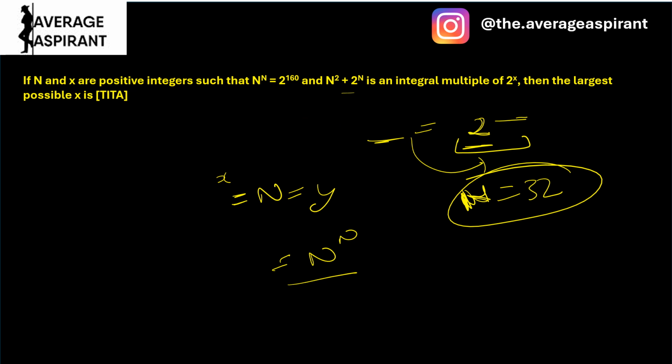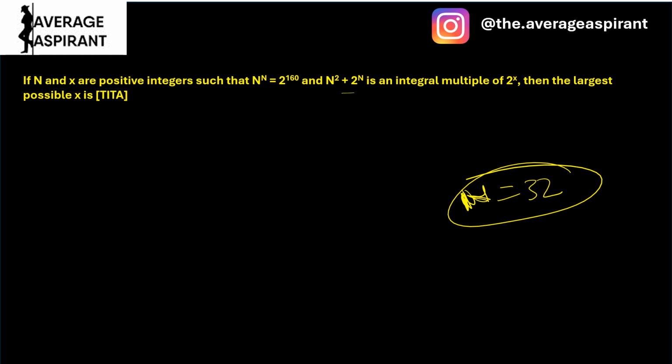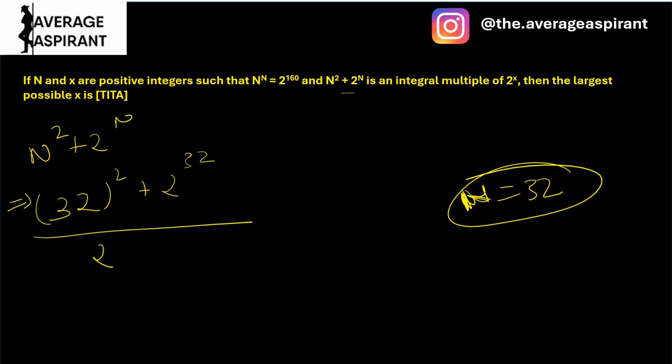Next step is that we need to find this particular expression and see what can be the highest multiple of 2 raised to the power x. So this is n square plus 2 raised to the power n, which, because n is 32, is 32 square plus 2 raised to the power 32. Now we have to find the largest possible integral value of x for which 2 raised to the power x divides this expression, right?